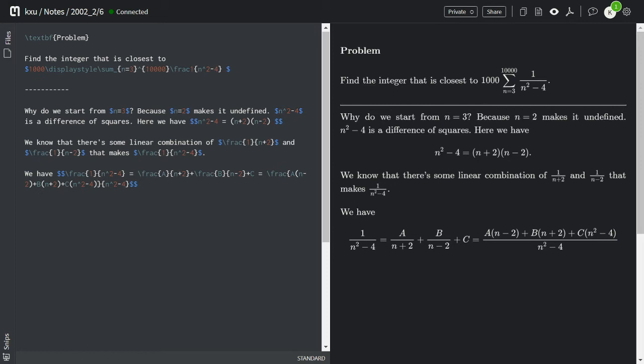So in fact, yes, for some cases you would want a and b to have non-constant factors. But in this case, because our numerator is 1, we have to have c equals 0. So let's simplify that. We actually have this.